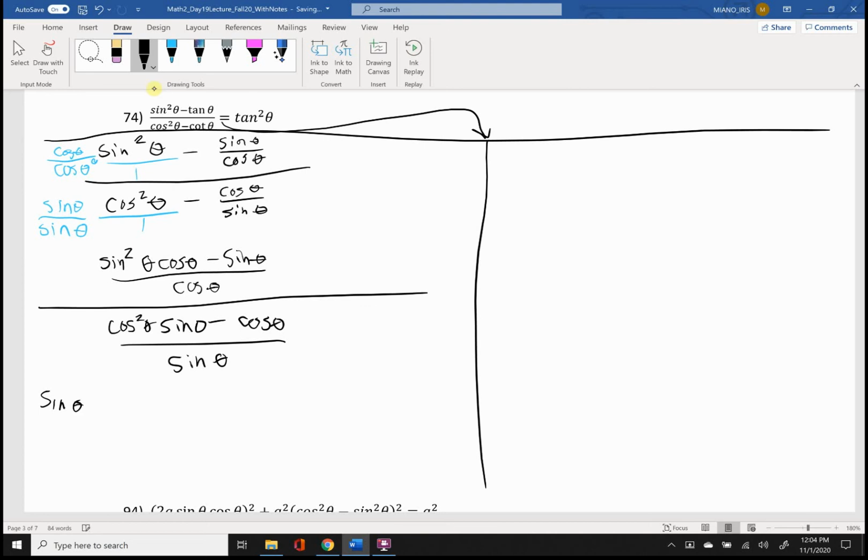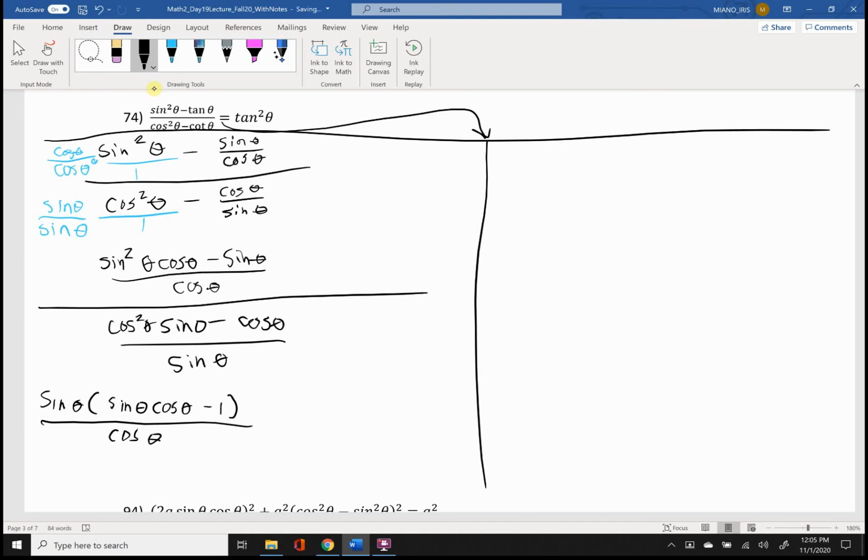So that's sine theta times sine theta cosine theta minus 1 over cosine theta. And so this is just me keeping the supernumerator rational expression while factoring out a sine theta.